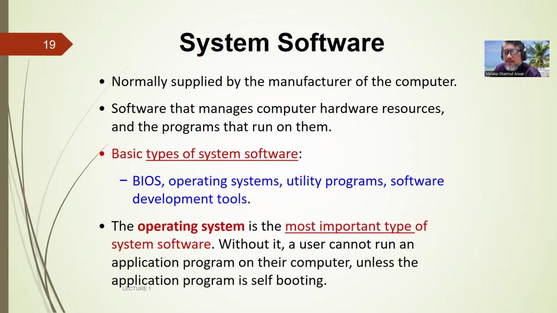The operating system is the most important type of system software, such as in our case, Windows. So Windows is an operating system. Without it, a user cannot run an application program on their computer unless the application program is self-booting.